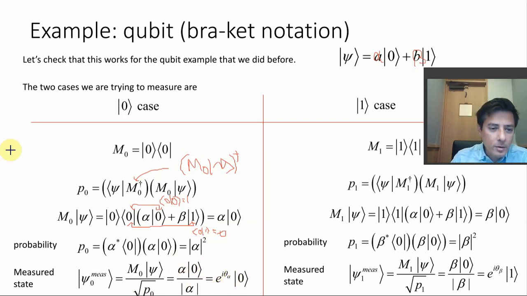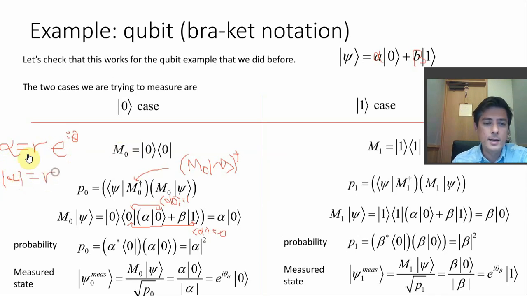Remember, any complex number you can always write as r times e to the i theta. So if you go back to the lecture on complex numbers, the modulus of alpha is always just equal to this r. So if alpha is r e to the i theta here, then the r's cancel, and you just get this phase, whatever the phase of alpha is.